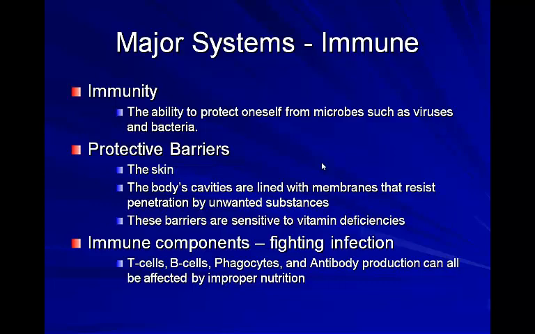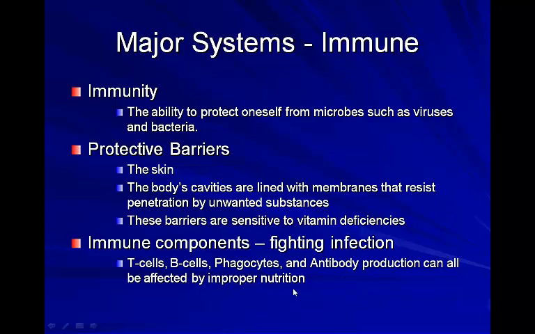So they're very much linked to things like vitamin C comes to mind, vitamin A. Vitamin A and vitamin C play major roles in skin and tissue integrity. Vitamin E is known as an antioxidant and helps with fighting potentially cancerous cells. Our immune system also helps fight cancer. So getting good nutrition not only helps us maintain those protective barriers, but it also helps to complement the job of our more specific immune system.